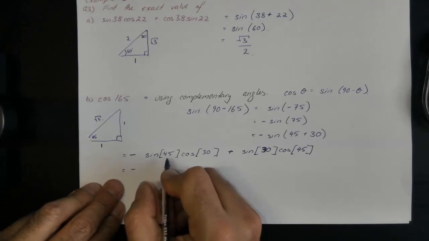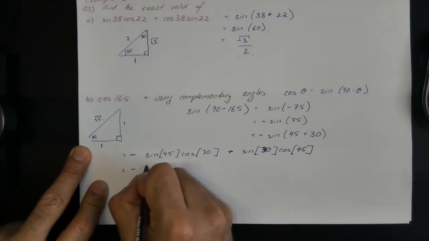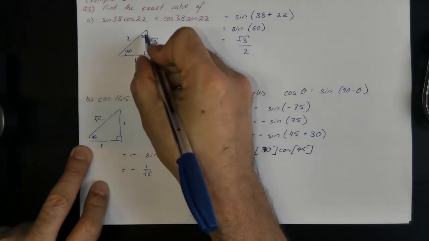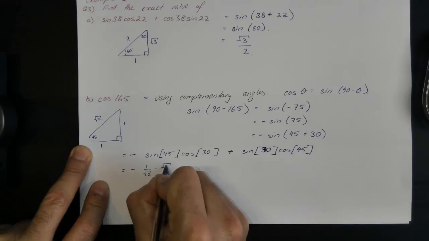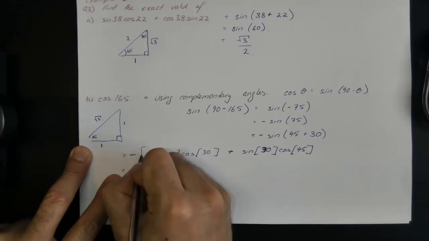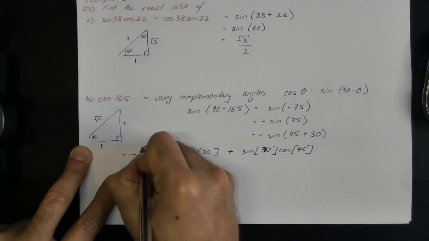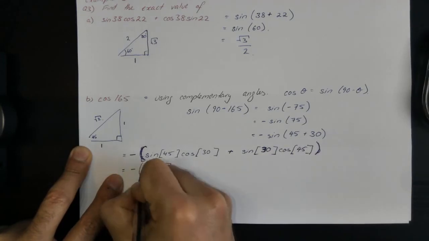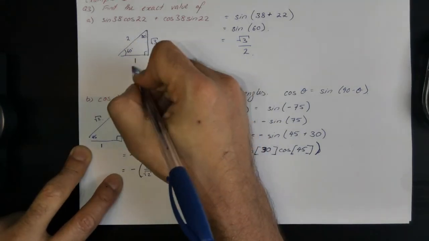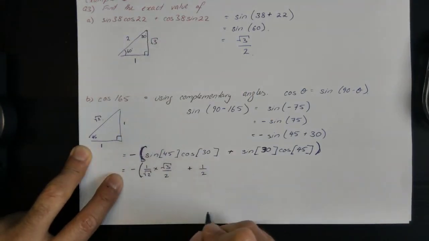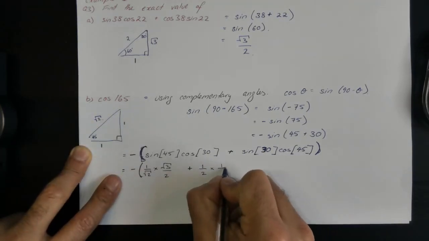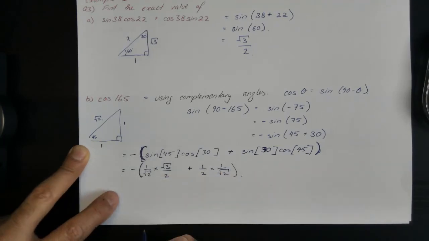So negative sine 45 is 1 over square root 2. Cos 30 is square root 3 over 2. And we're going to add that to sine 30, so 1 over 2, and cos 45, 1 over square root 2.